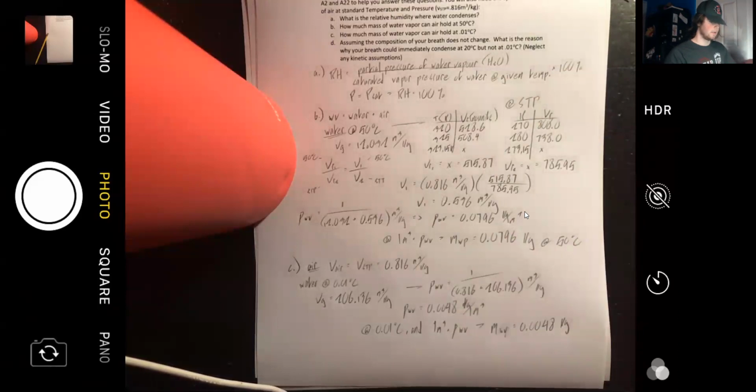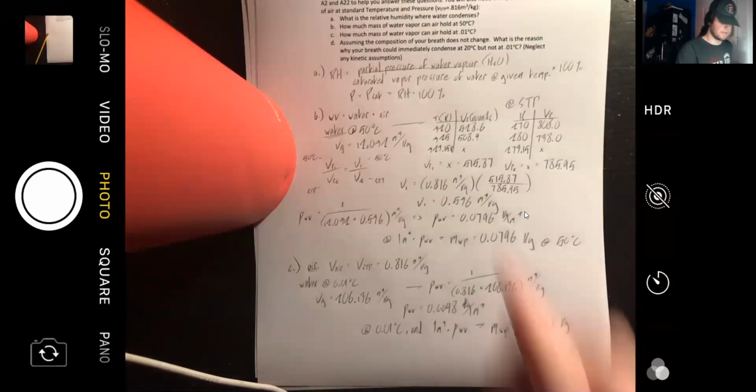Okay, part D: assuming the composition of your breath does not change, what is the reason why your breath could immediately condense at 20 degrees Celsius but not at 0.01 degrees Celsius? The assumption just says that the air you're breathing out isn't turning into carbon dioxide. So the condensation of your breath is not just dependent on temperature, right? It's dependent on the relative humidity.